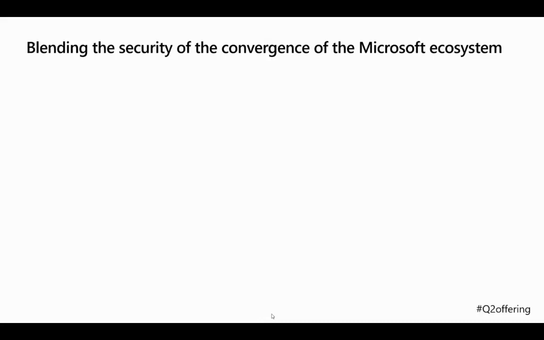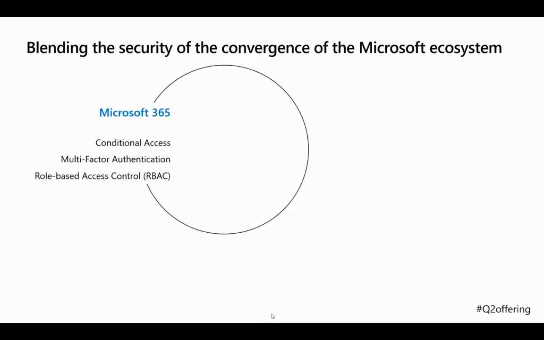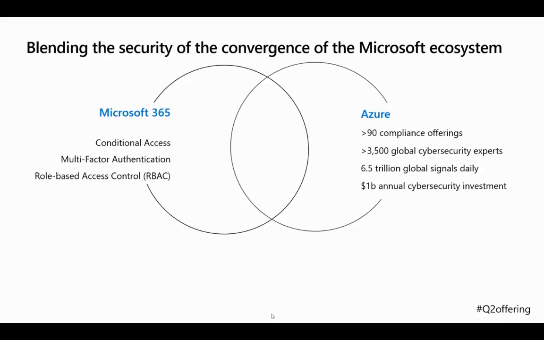So guys, we can say it's a perfect blend, where Microsoft 365 brings you more services in terms of the modern workplace, a suite which allows you to work with the flexibility that users want. Azure brings more offerings, applications available as SaaS, with 90-plus compliance offerings. Millions have already been invested in security for Azure.